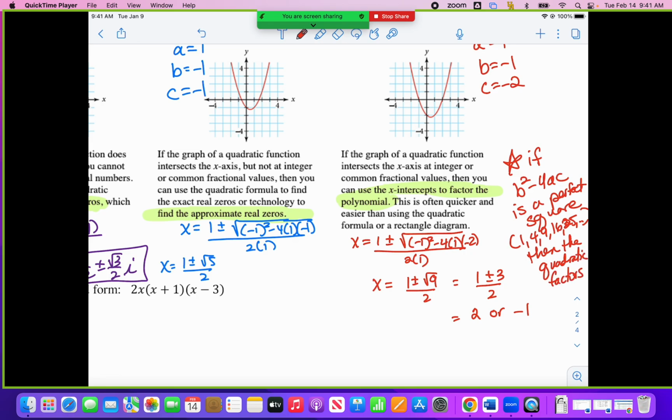Do you remember how we did the discriminant in chapter 5? Something that would have helped us is if we looked at the discriminant and the discriminant was like 9 or 49 or 81 or 16 or 4, it was going to factor, okay? So those are your three options with, say, a quadratic.